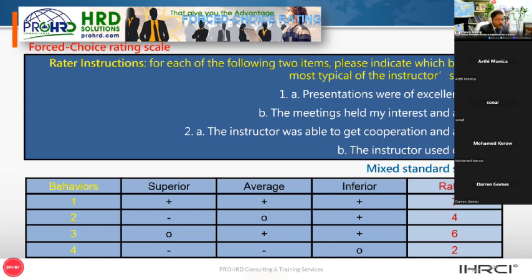So here you are looking at an example: written instructions for each of the following two items. Please indicate which behavior is most typical of the instructor's behavior. One: presentations were of excellent quality. The meetings held my interest and attention. The instructor was able to get the cooperation and attention of everyone. The instructor used class time well.